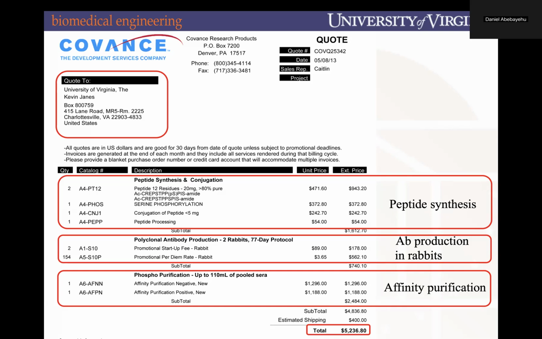It would require a lab to have peptide synthesis abilities. Typically, most labs have mice or rats, and so you can develop a mouse or rat antibody. It would require affinity purification, so some sort of chromatography setup.